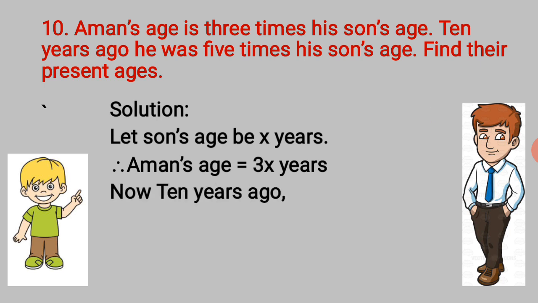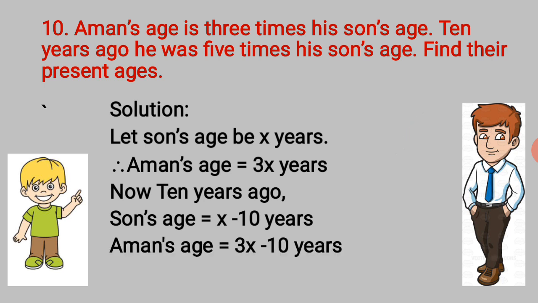Now, we are going to find out the ages of both the son and Aman 10 years ago. So, the son's age 10 years ago is x minus 10. And Aman's age 10 years ago will be 3x minus 10. Whatever the present age, minus 10. Simple.